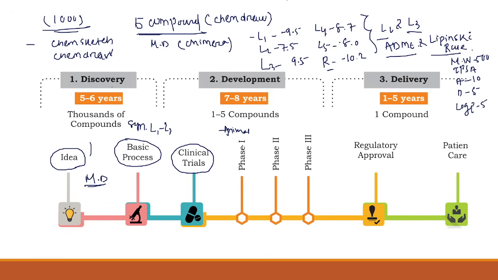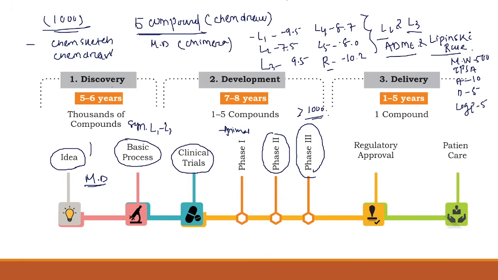Then we go for the phase 2 study, in which we apply this drug compound to human bodies on a small scale. In phase 3, we apply this drug on a large scale, to more than 1,000 people.